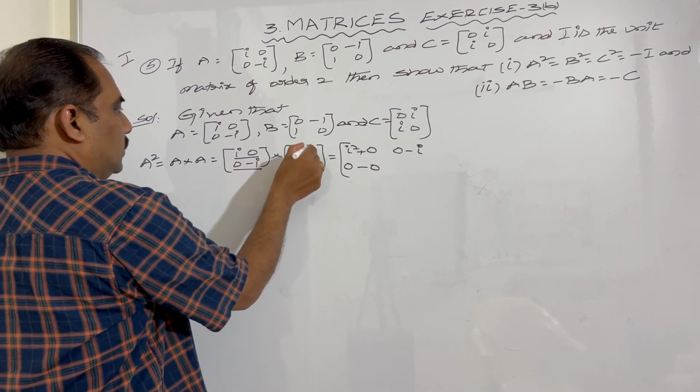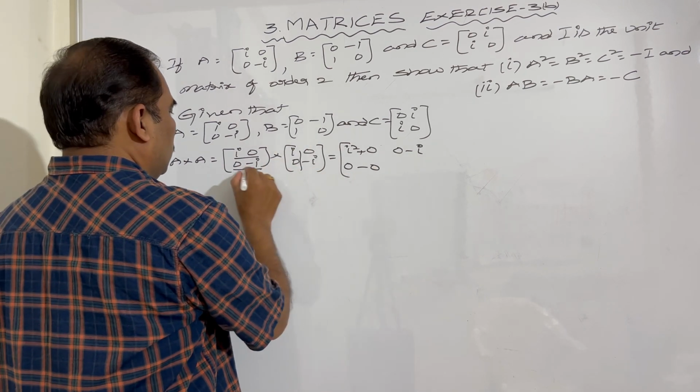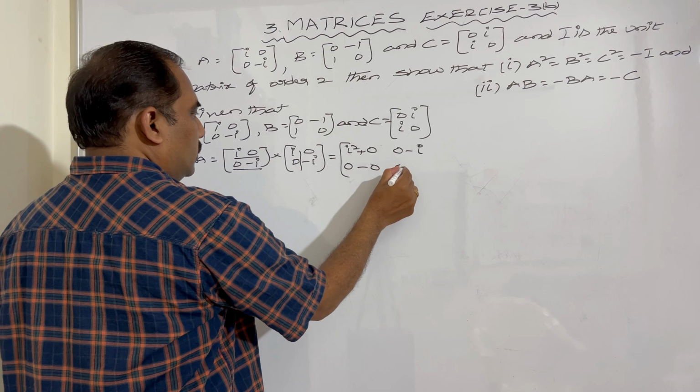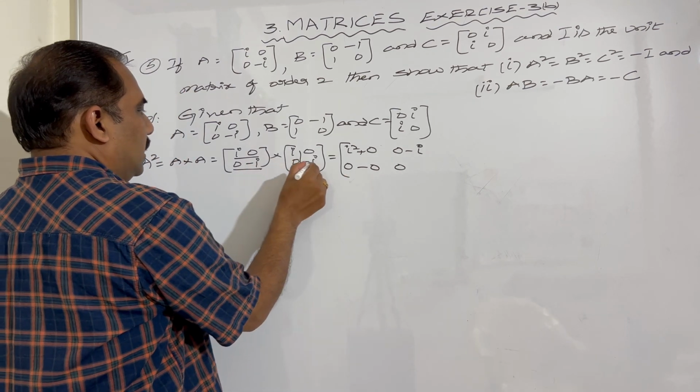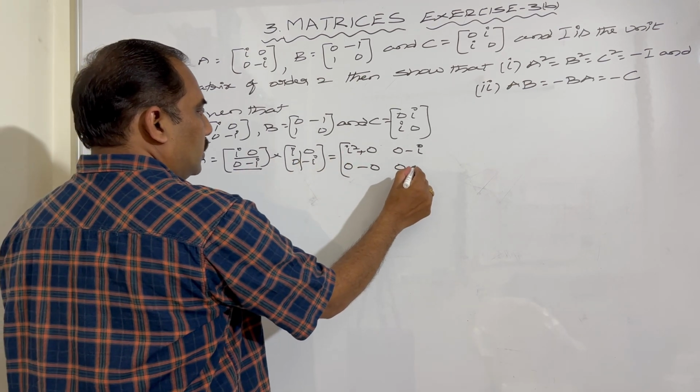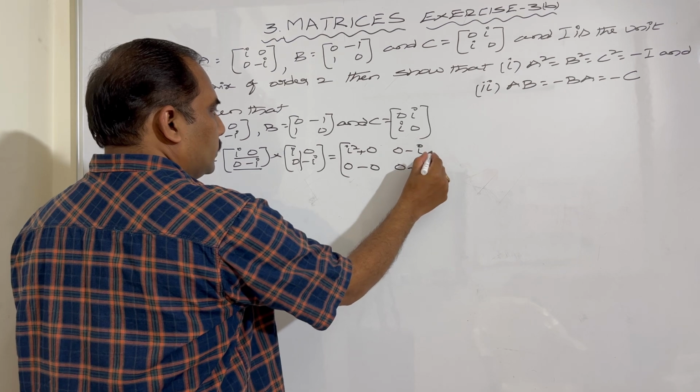Now second row, second column, 0 into 0, that is 0, and minus I into minus I, that is plus I square.